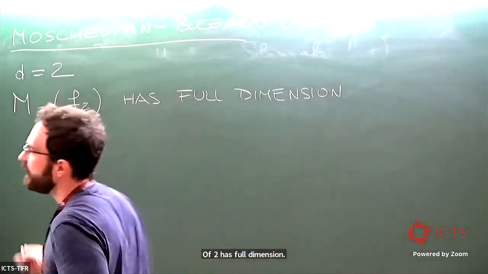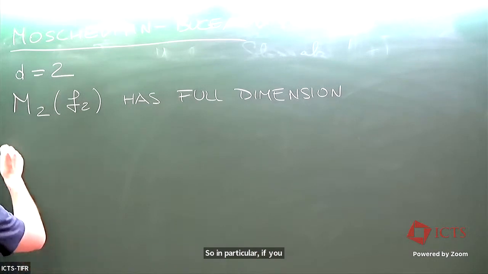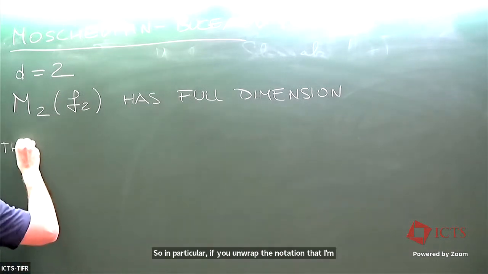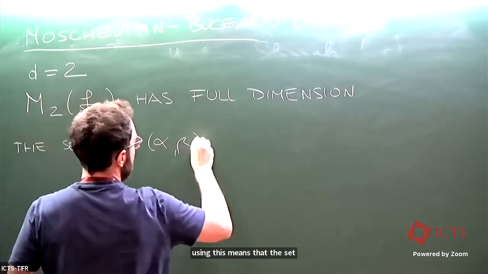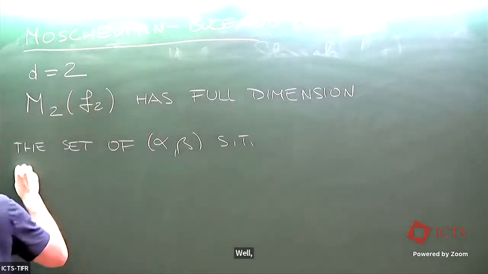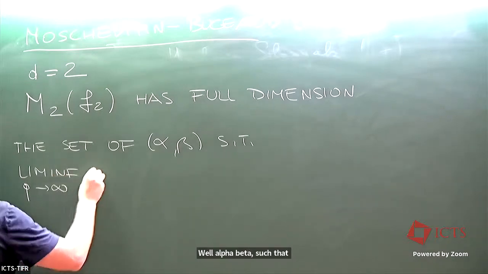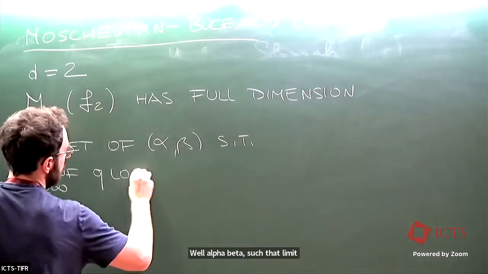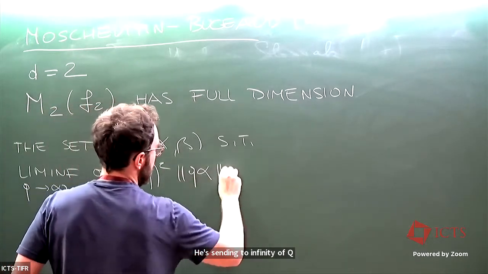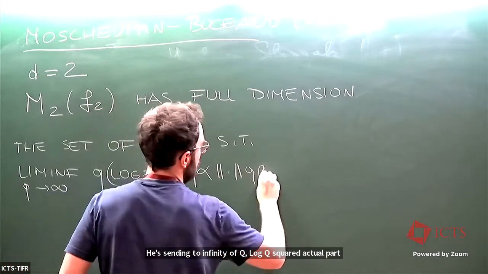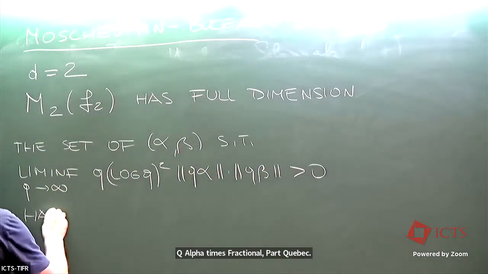In particular, if you unwrap the notation that I'm using, this means that the set of alpha beta such that the limit as q tends to infinity of q log q squared, fractional part q alpha times fractional part q beta, is positive, has full dimension.